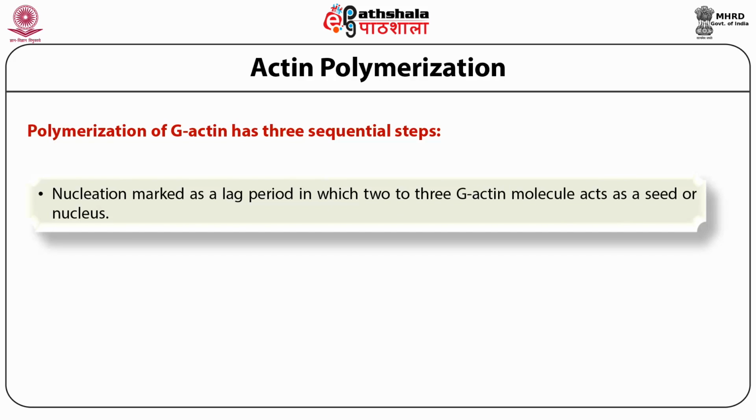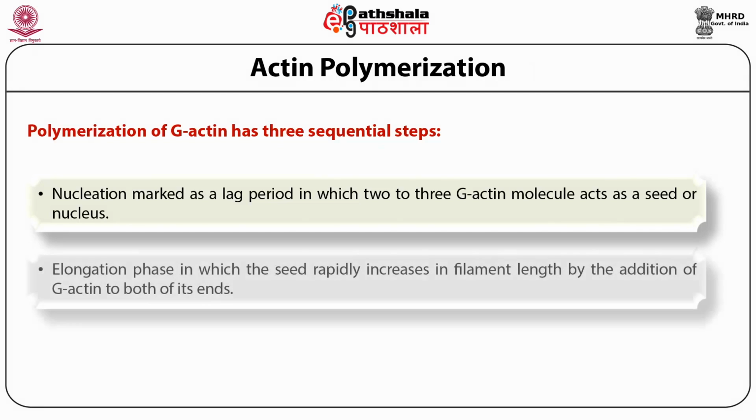So basically a small nucleus of F-actin begins. Then the elongation phase, in which the seed rapidly increases in filament length by the addition of G-actin to both of its ends. So once the nucleus is formed, the actins attach to the nucleus and elongation takes place much faster.